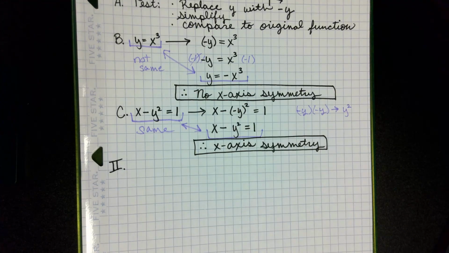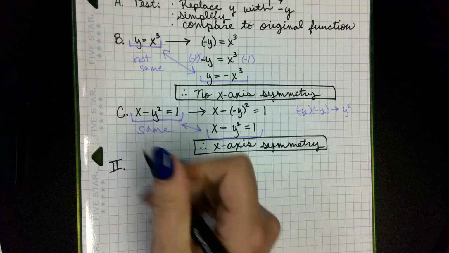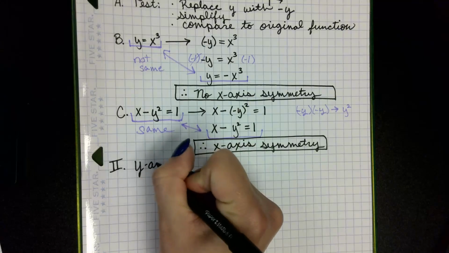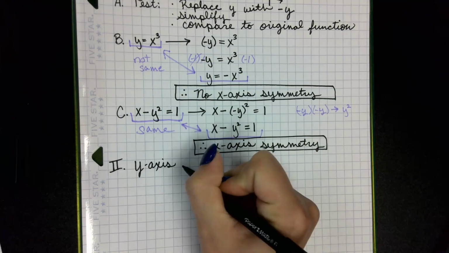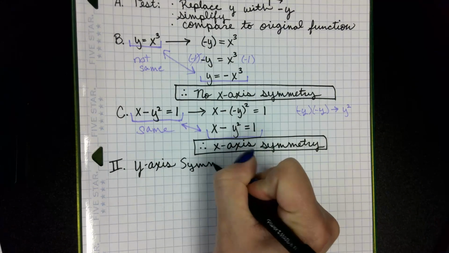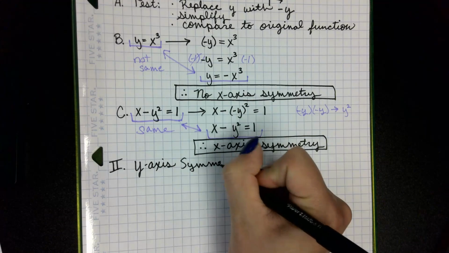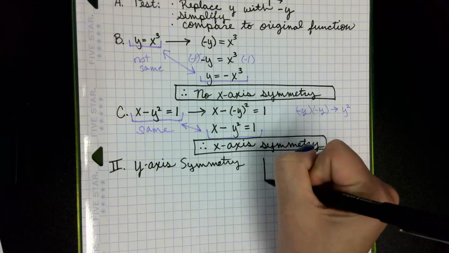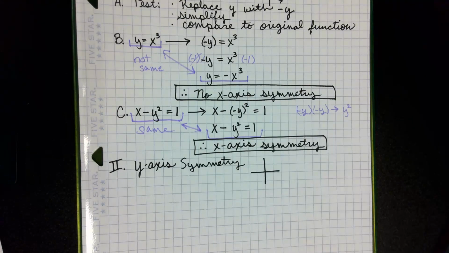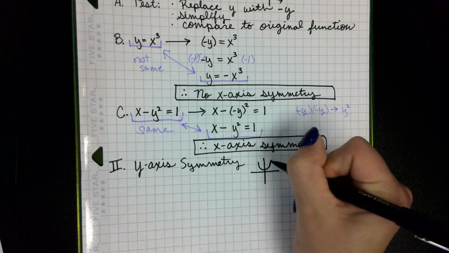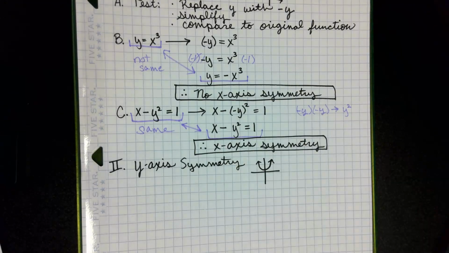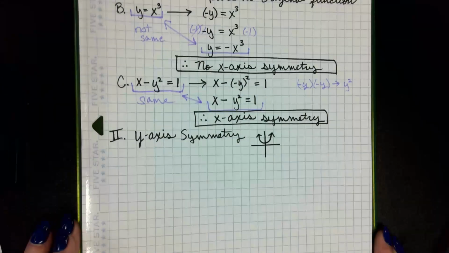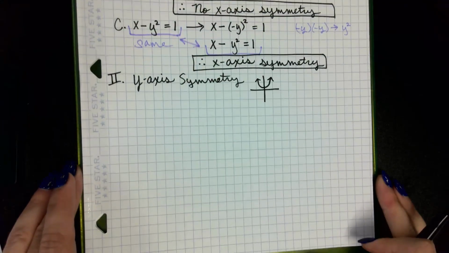Okay, so part 2 is then y-axis symmetry. So a quick sketch of what that looks like. It means it's the same on both sides of the y-axis. If you were to take your paper, fold it on the y-axis, you should have the same thing on both sides.